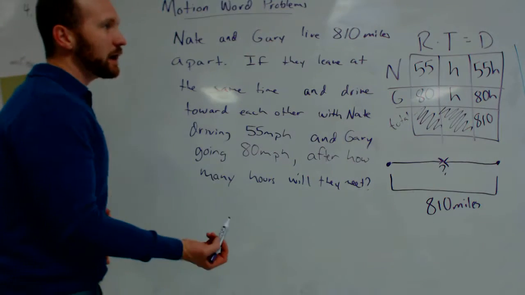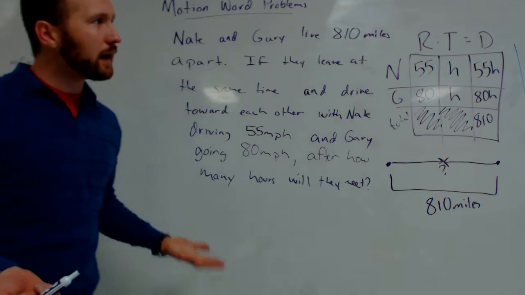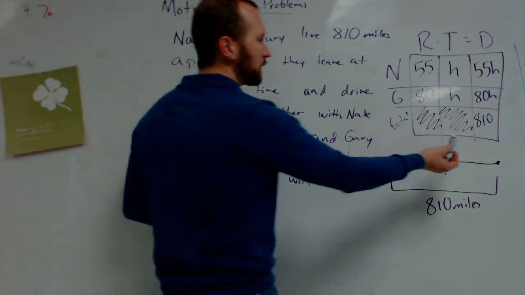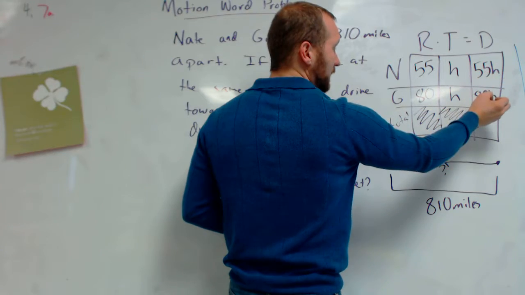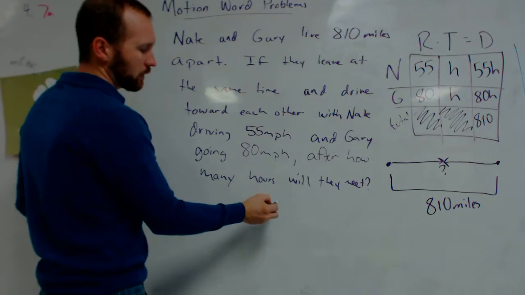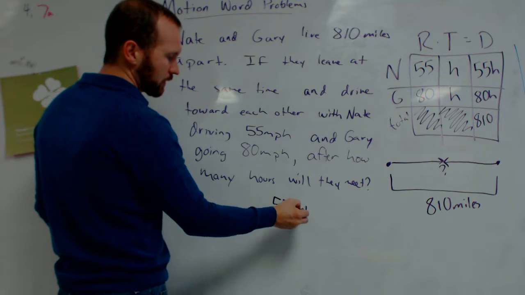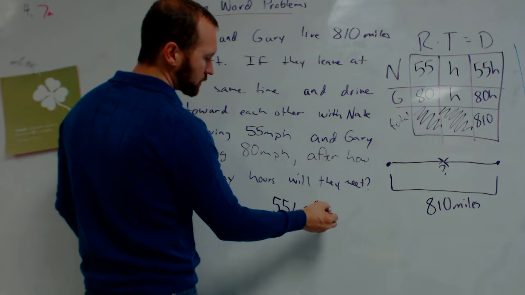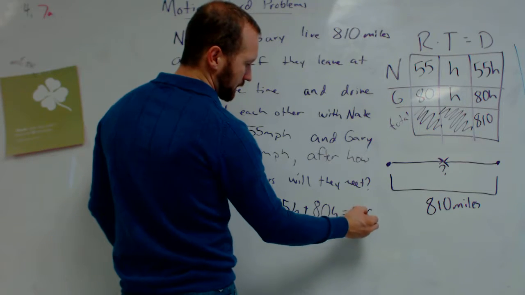So again, I just solved this by doing what? Yeah, I know that total has to be this plus this, right? This plus this has to equal the total. So 55H plus 80H has to equal 810.